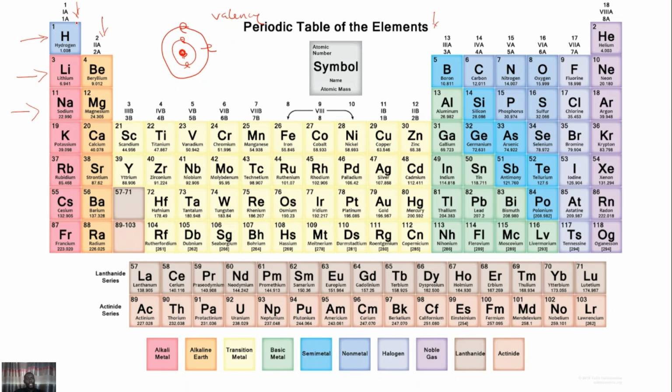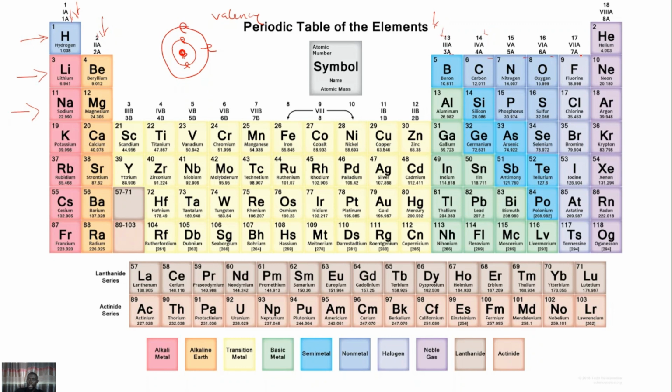The groups in the periodic table can be numbered from 1 through 18, while they can also be numbered using Roman numerals and grouped into A or B. Those followed by A are groups 1, 2, 13, 14, 15, 16, 17, and 18, as you see here.